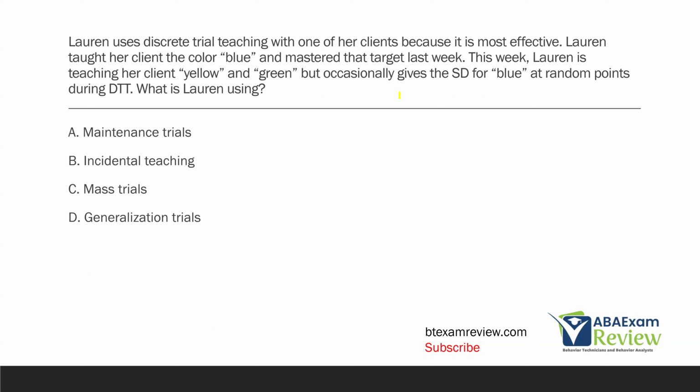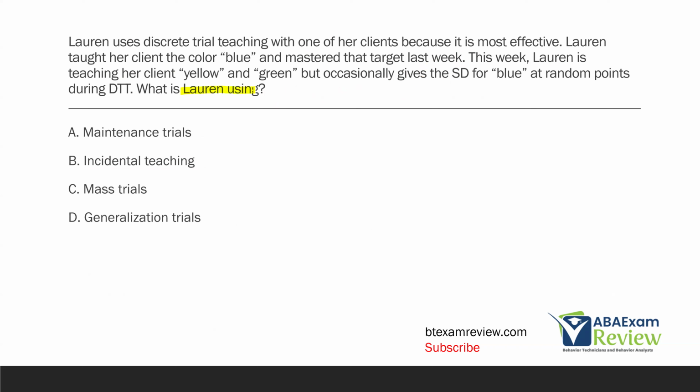Lauren uses discrete trial teaching with one of her clients because it is most effective. Lauren taught her client the color blue and mastered that target last week. This week, Lauren is teaching her client yellow and green, but occasionally gives the SD for blue at random points during DTT. What is Lauren using? All right, let's ask, whose behavior are we looking at?